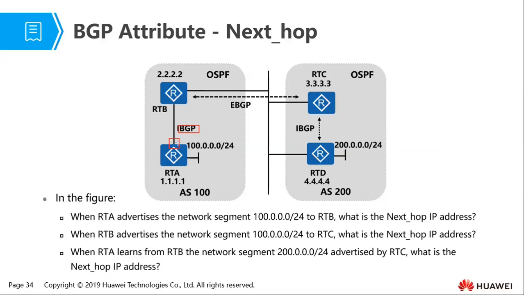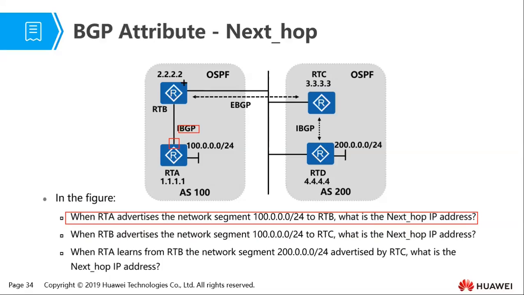Now, if the neighbor relationship had been established using a loopback interface, then the IP address of that loopback interface is the one that is going to be used as the next hop. So that answers the first scenario: the next hop is going to be the outbound interface used to establish the IBGP peer relationship. Whether it's a physical interface or a loopback interface, that address is going to be the next hop.